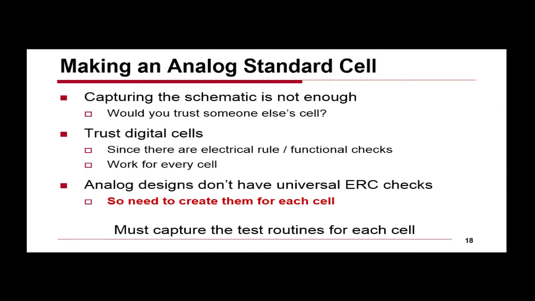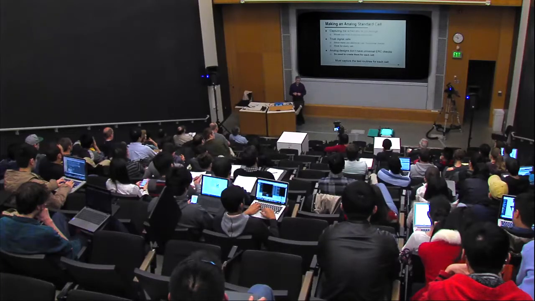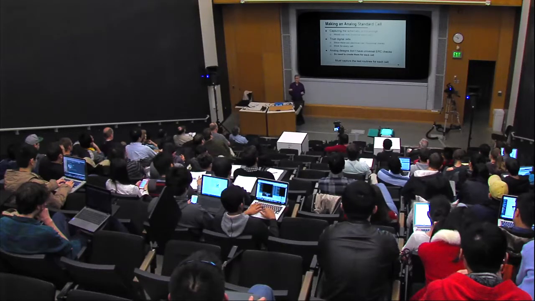So my claim is that even if someone gave you the exact right thing, would you trust it? And the answer, if you ask any experienced analog designer, is no. OK? And the question is, well, why not? Because digital guys trust the digital standard cells. And the difference is that in digital cells, you have a set of electrical rule checks that you run.